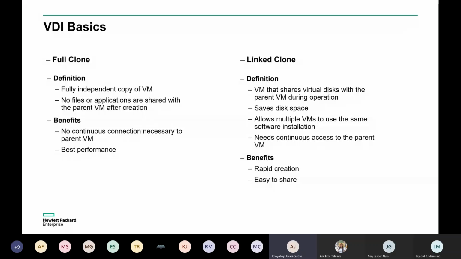During operation, it continuously needs access to the parent VM. It allows multiple VMs to share software installation. One of the benefits of a linked clone is rapid creation and easy sharing.